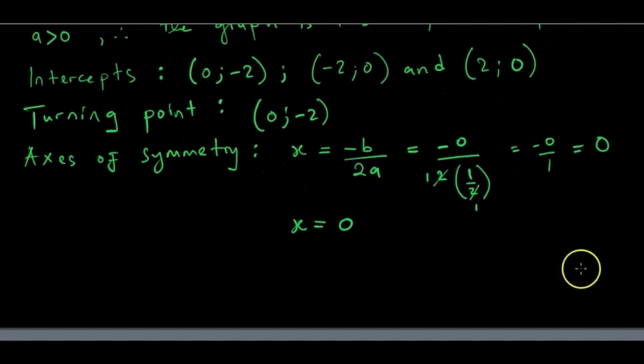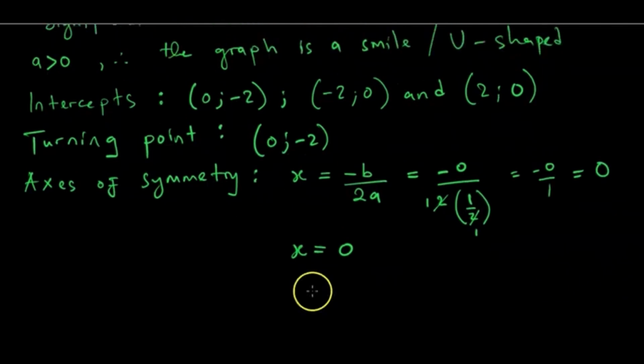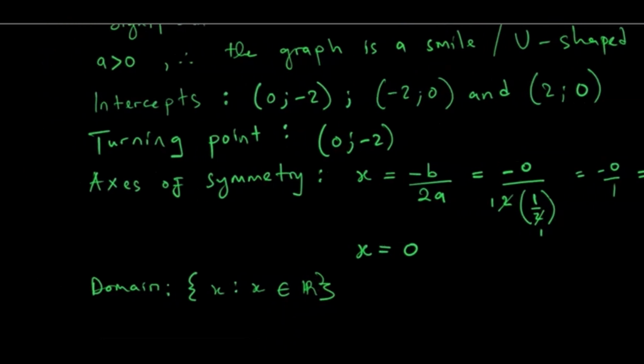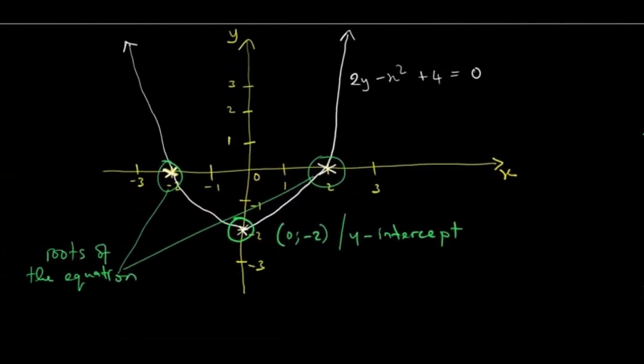Then, of course, as is expected, we should know the domain of our function, and in this case, the domain x, such that x is an element of real numbers. That is the domain. And where are we getting this domain?